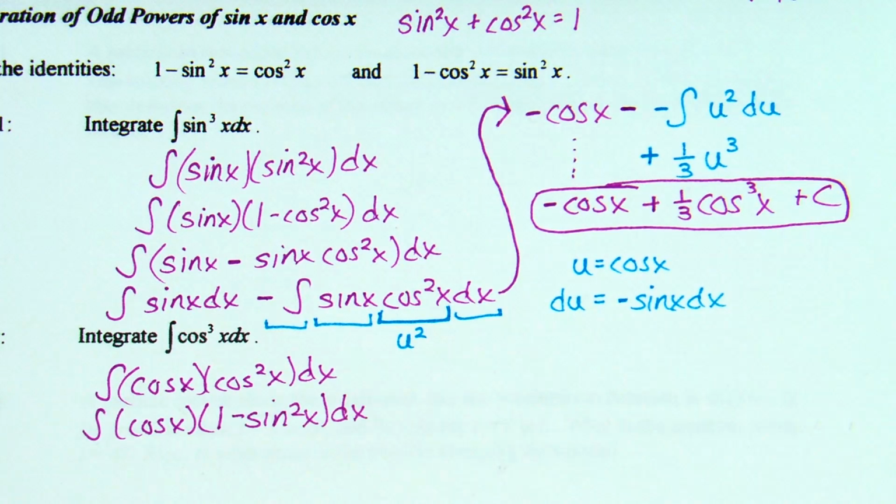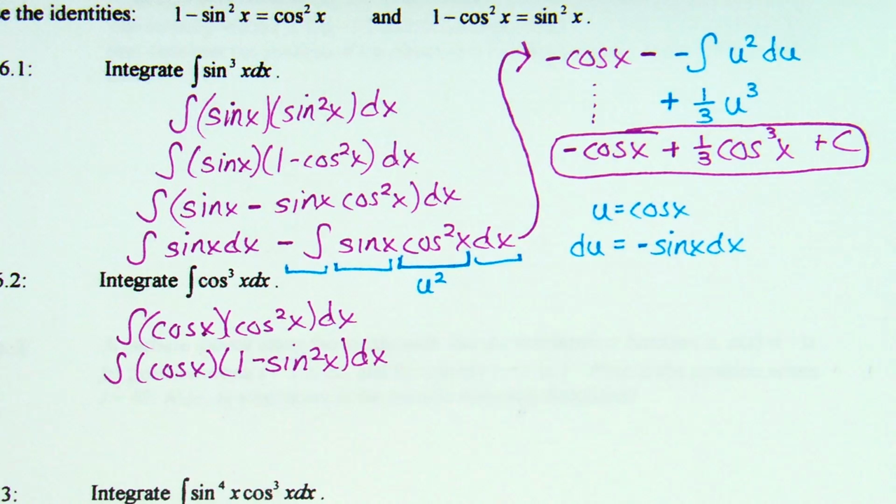Need to distribute. So if we distribute, and actually, I'm going to go ahead and distribute and break it up into two integrals at once. Are you guys okay with that?